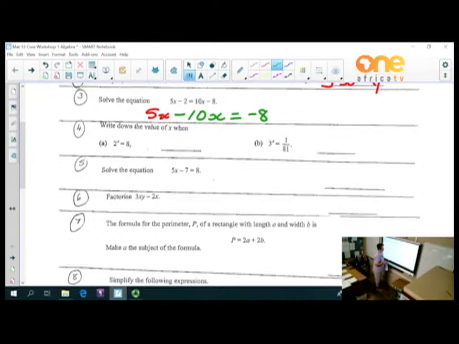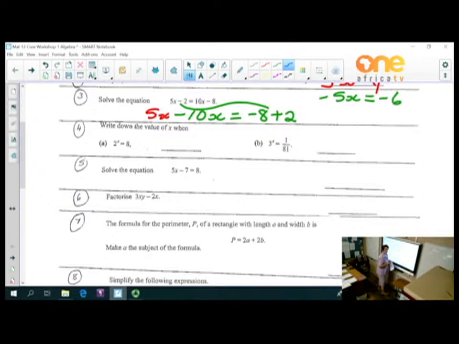I don't change the sign, but this negative 2 is coming over and I change the sign. So then you have negative 5x, which is equal to, and you can do this on your calculator, negative 8 plus 2, which is then equal to negative 6.